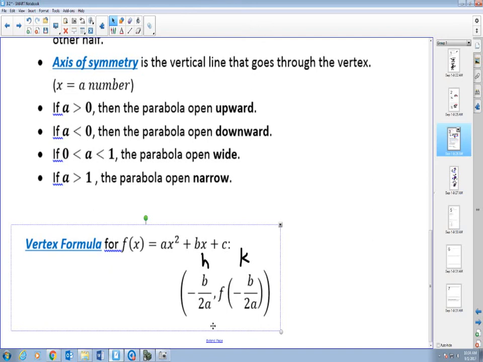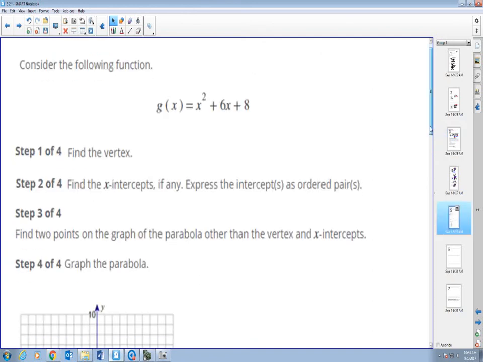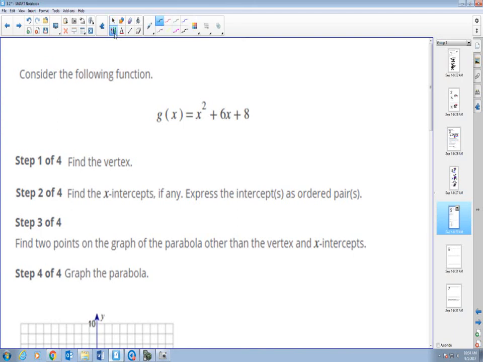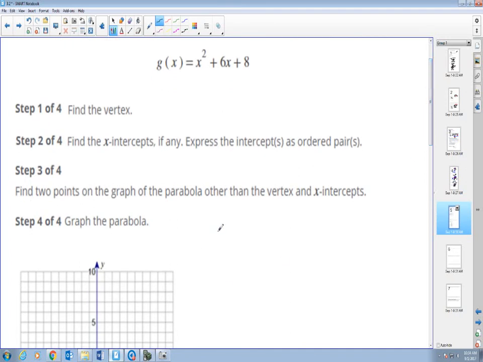Negative b over 2a is the h. So in this form, we need to know the a, the b, and just the a and the b. We don't need the c. So a, the leading coefficient, is 1. The b is +6.